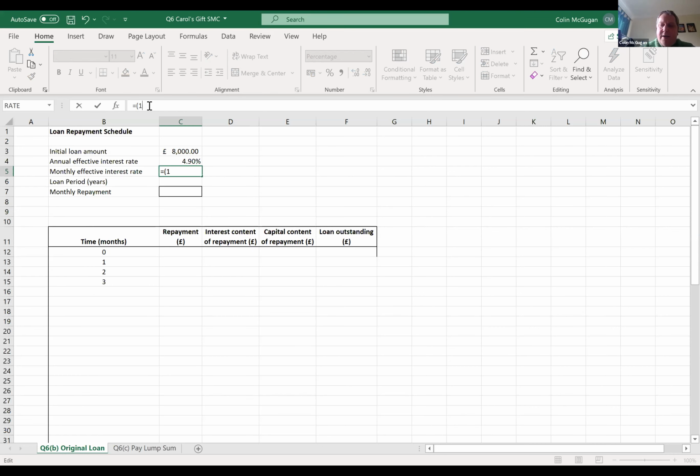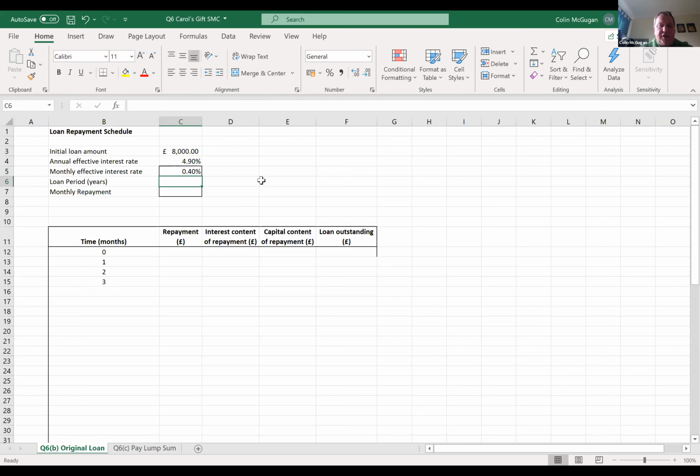So it is 1 plus the C4 answer to the power of a 12th, take away 1. And that gives me the monthly effective interest rate.